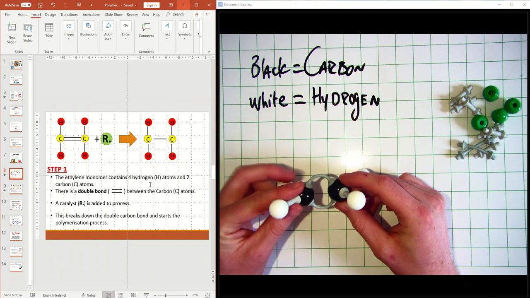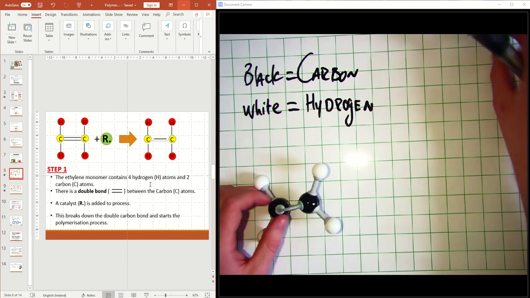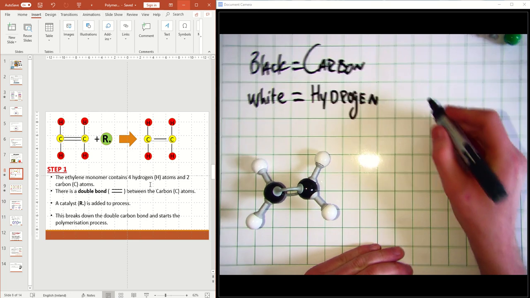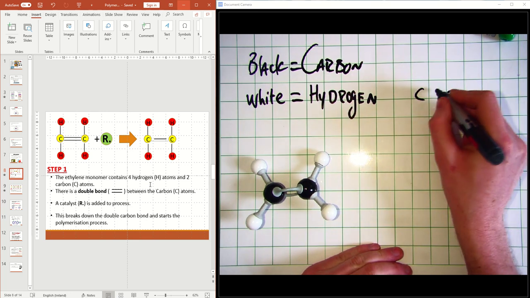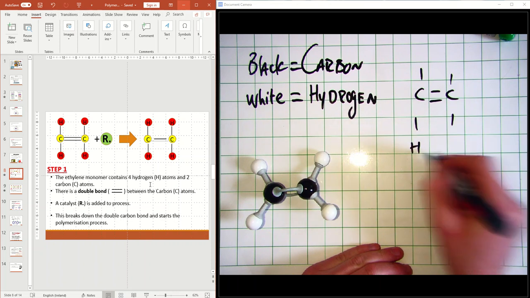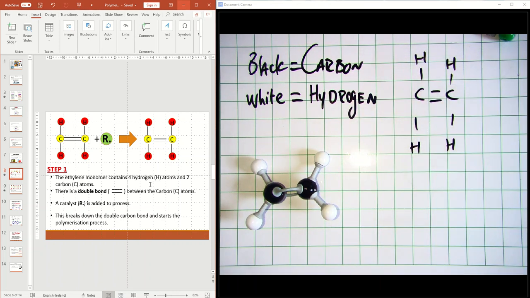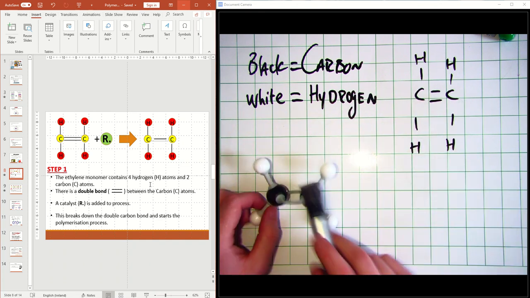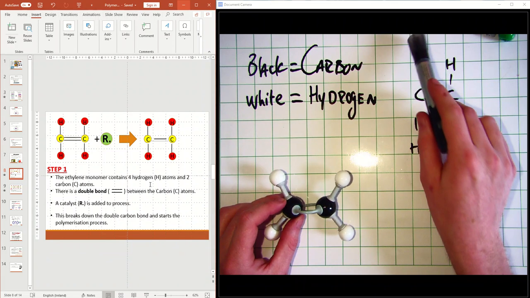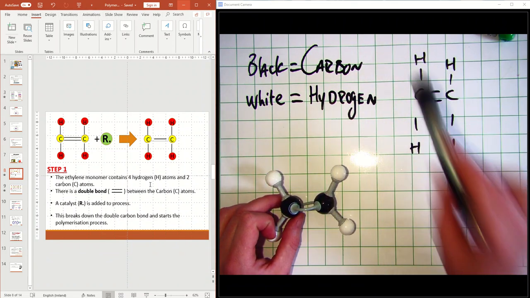Now, if I put this on a diagram, I have 2 carbon atoms, a double bond, and my 4 hydrogen atoms, 1, 2, 3, 4, which only have single bonds between them.